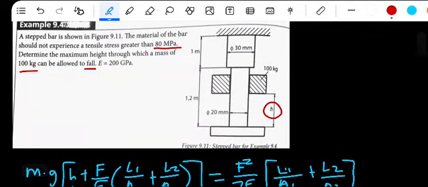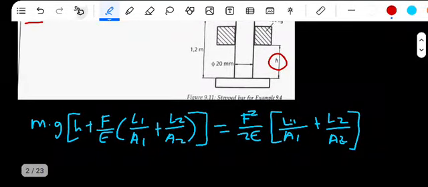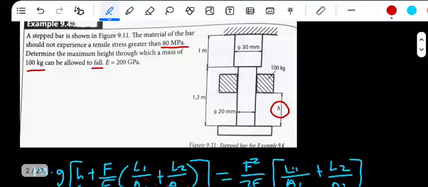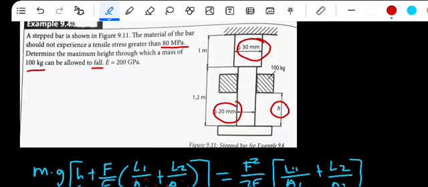We're given 100. But anyway, we are demanded to calculate the areas. Let's just calculate the areas first so that we can substitute afterwards. We know the first part is 30, the second is 20.